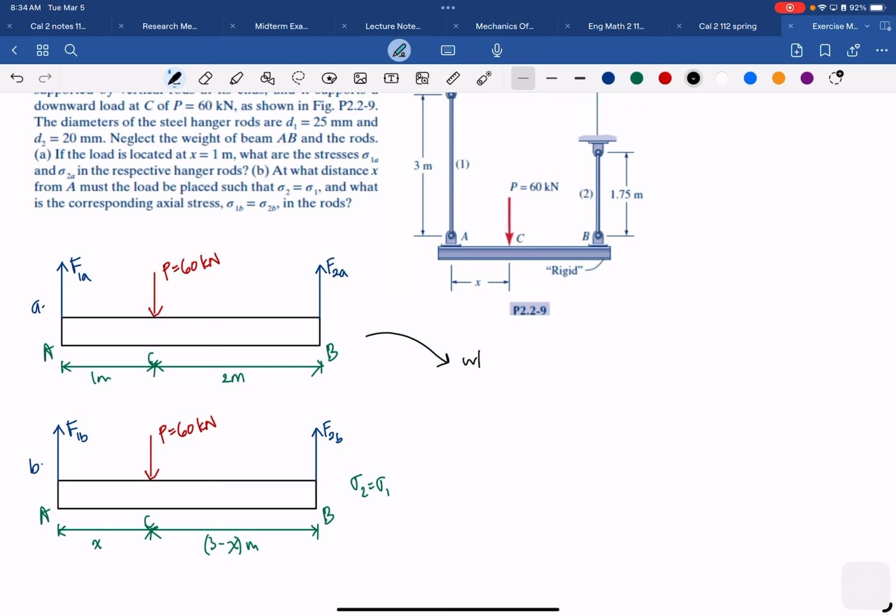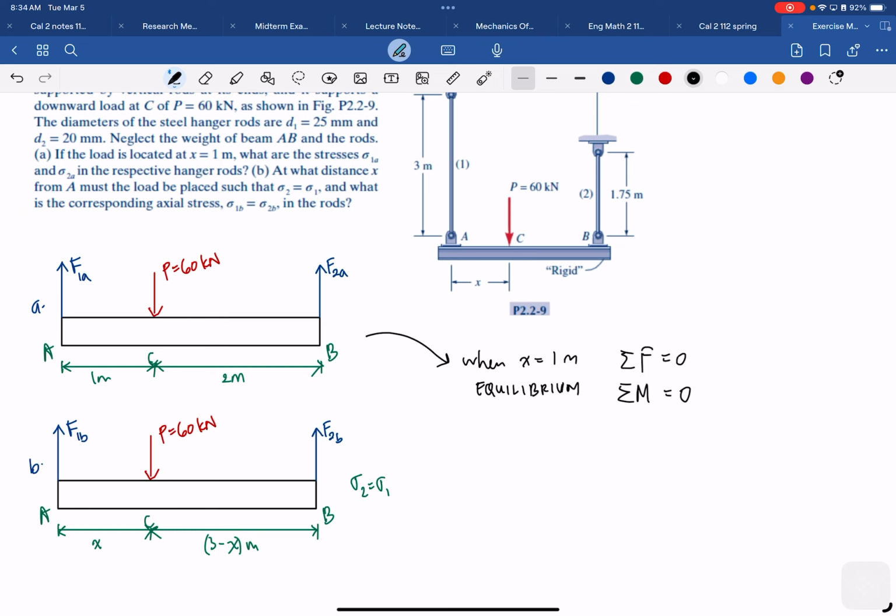So when x is 1 meter, let me write one by one here, equilibrium, just like usual. All the sigma M, sigma F, we write equal 0. Especially for the moment, we need to take the moment at the first step. Because if we choose sigma F, what can we get? Nothing, right? Because we still need to know what this is.